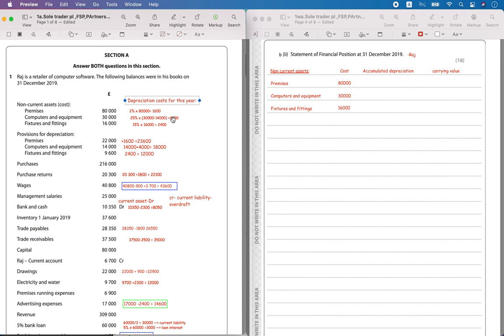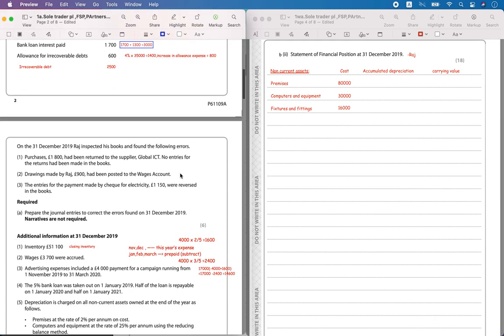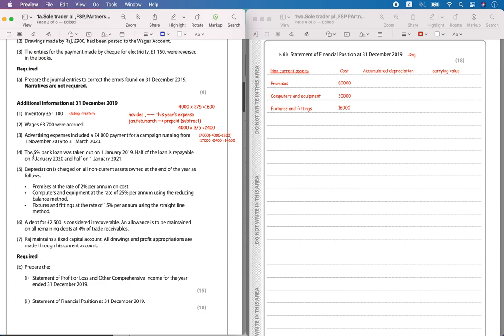This was not included in the earlier balance in the provisions for depreciation, so we had to calculate it. This was the information given in the additional information. So we have to calculate and then adjust the total accumulated depreciation.